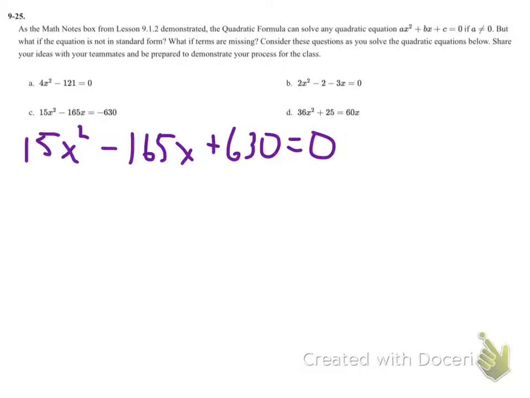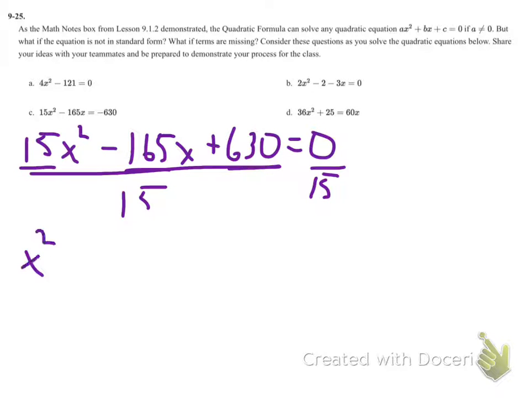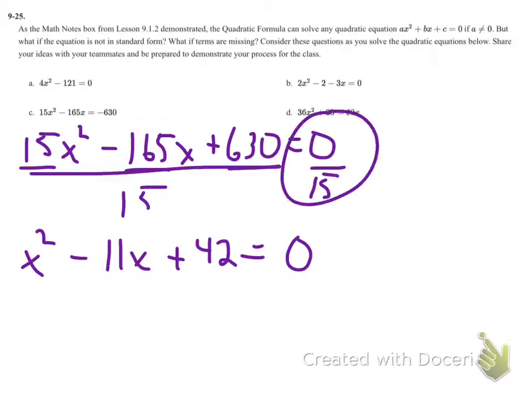I also, since every one of these numbers is divisible by 15, I could divide everything by 15. So if I divide this whole side by 15 and divide this whole side by 15, I get x squared minus 11x plus 42 equals 0. So 15 divided by 0 is still 0.